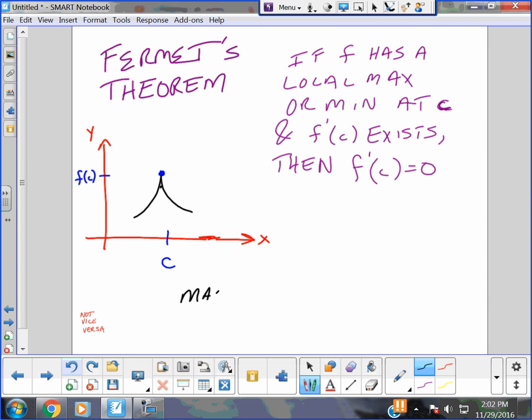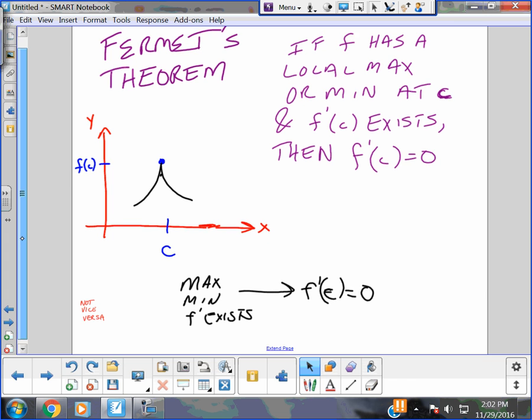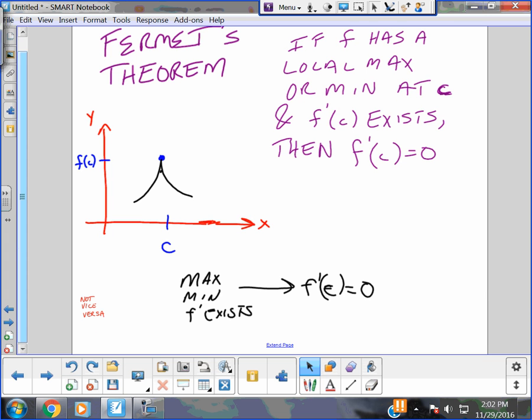Max or min, f prime exists, means f prime of c equals 0. It does not go backwards, okay? I can show you on one of my favorite graphs. Not vice versa.